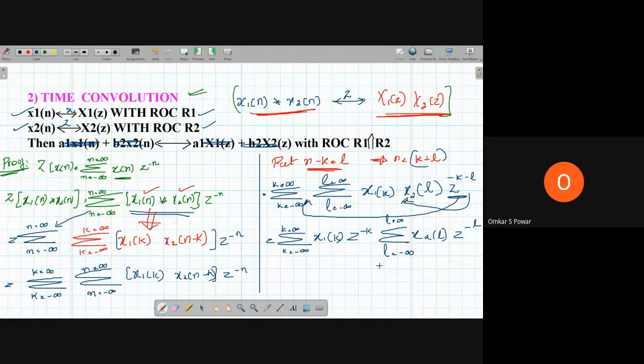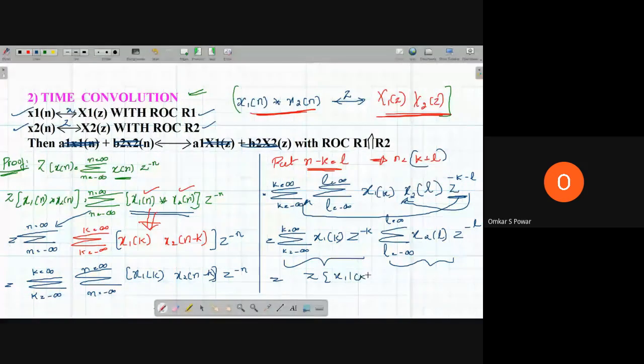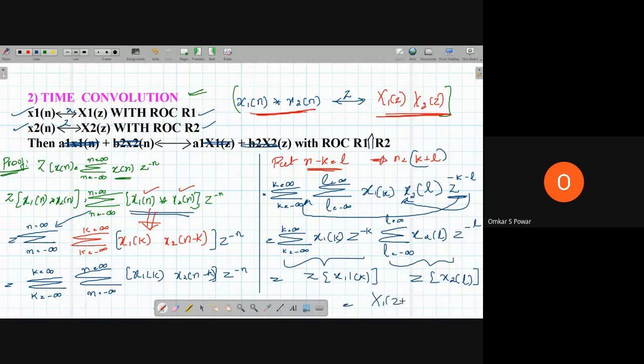So I have just simplified the term. Okay. So this one is nothing but z transform of x1 of k, your first term, and your second term is z transform of x2 of L. So how can you write this one? X1 of z into x2 of z. So this is how you prove your time convolution. So convolution in your time domain is nothing but multiplication in your z domain.